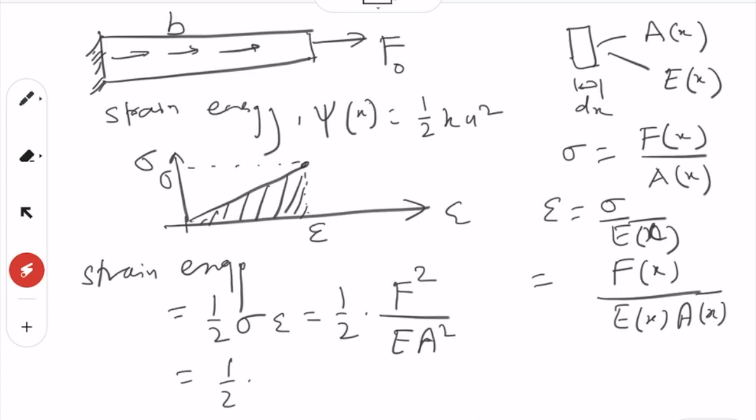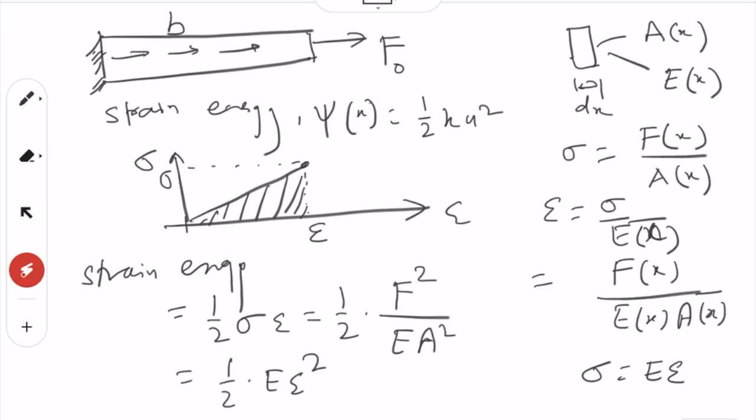So this is a continuous system, and this has to be true for the whole beam, for the whole bar. So we can write this stress as E times strain, as we know that sigma equals Young's modulus times strain. So half E strain squared.